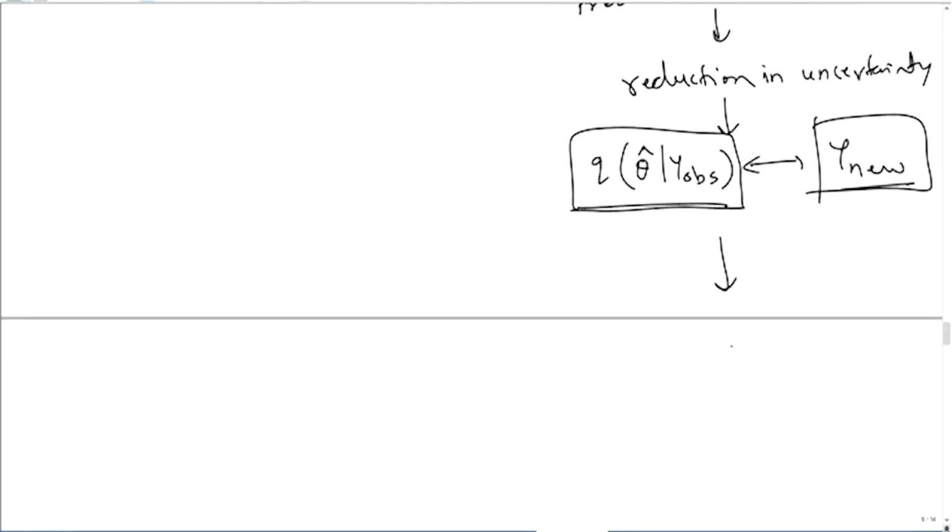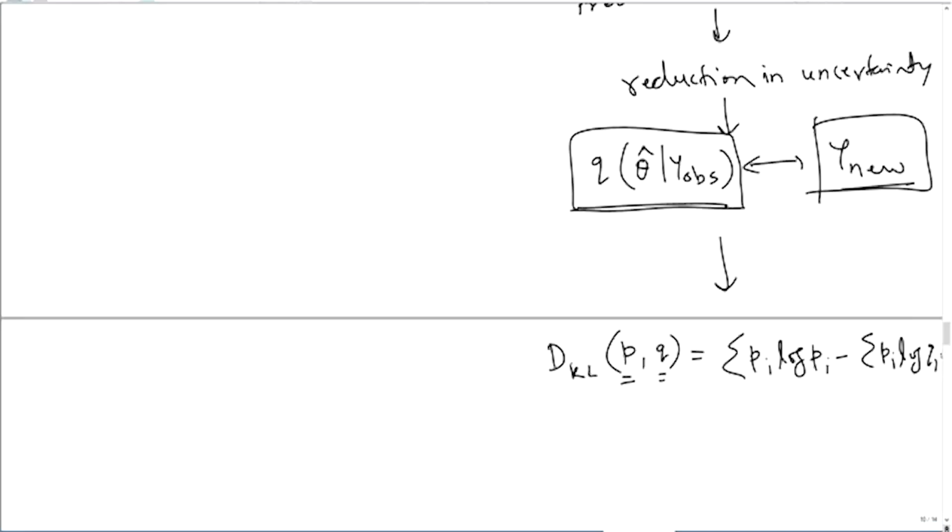So let's say you want to measure how much uncertainty is reduced when you try to predict a distribution P using a distribution Q. Let's say both P and Q are probability distributions with some associated probability mass function. So this is given by summation of Pi log Pi minus summation of Pi log Qi.